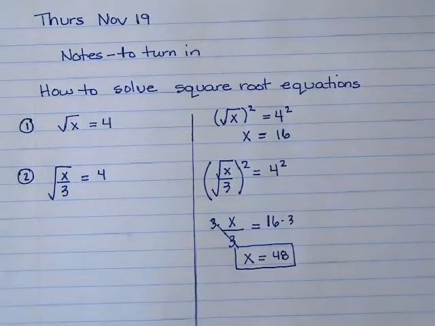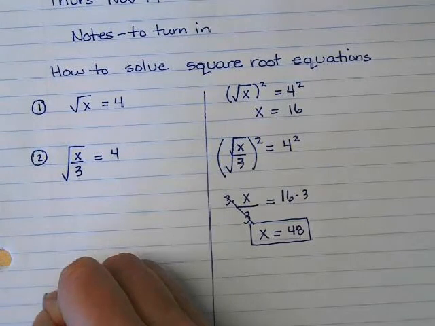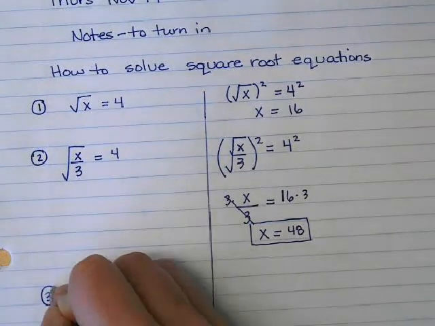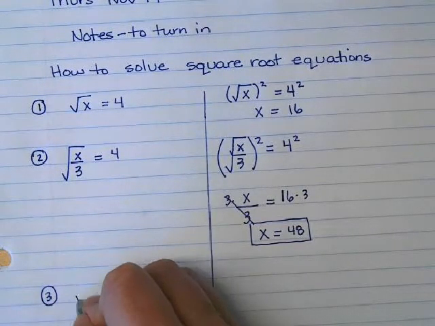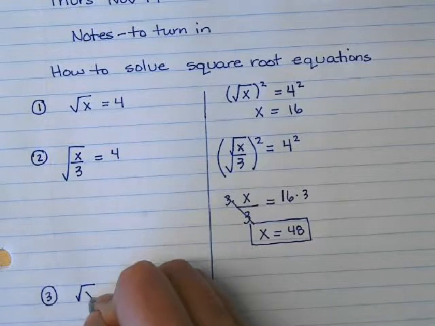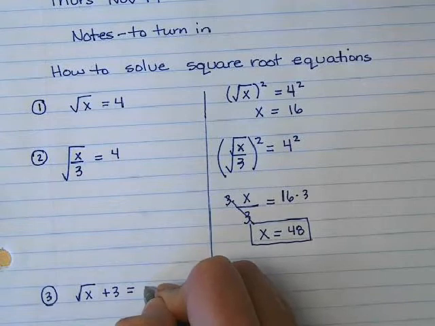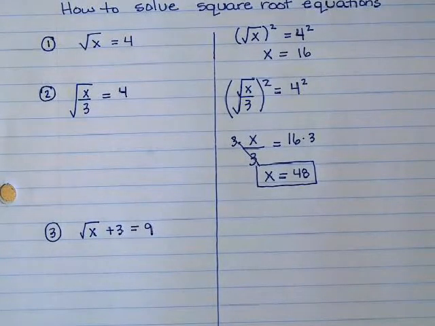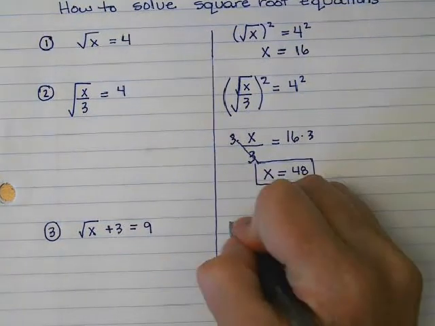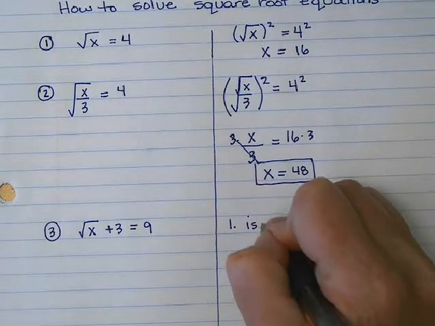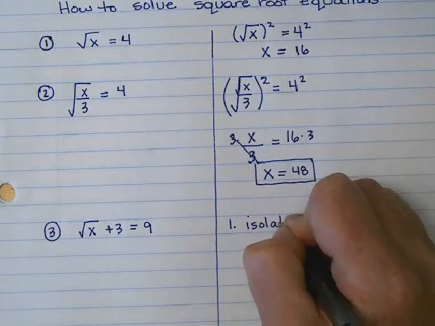Okay, so that's not too tough. Now, here's the part that I want you to look at. Let's say that we have something like the square root of x plus 3 equals 9. Okay, so the first thing that you want to do is you want to isolate the radical.